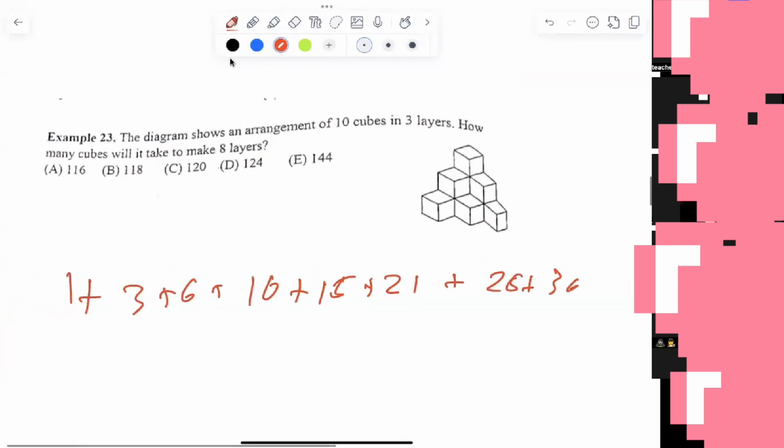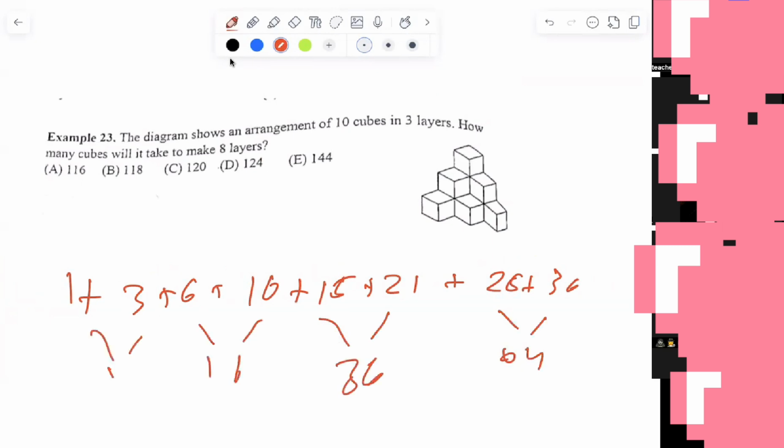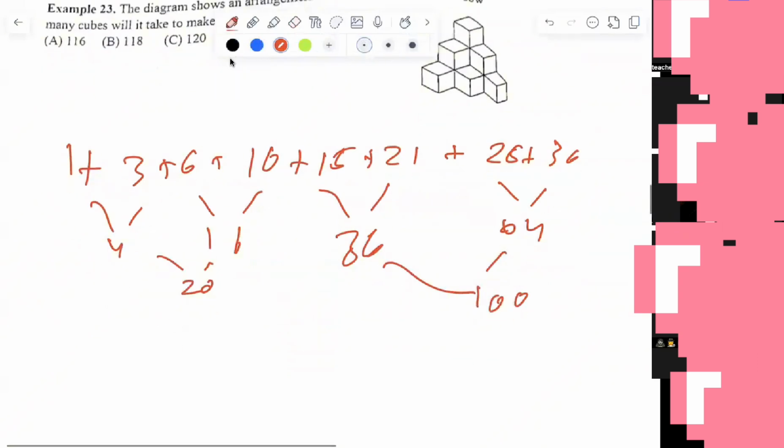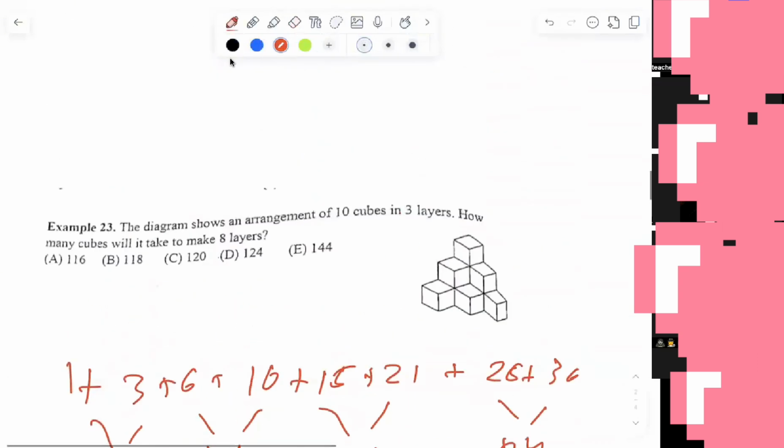These are the first 8, and you should get the answer. 28 plus 36 is 64. Hold up, I'm sorry, this can't go together, this has to go with this. Adding them up, it gives you 120, which gives C as the answer.